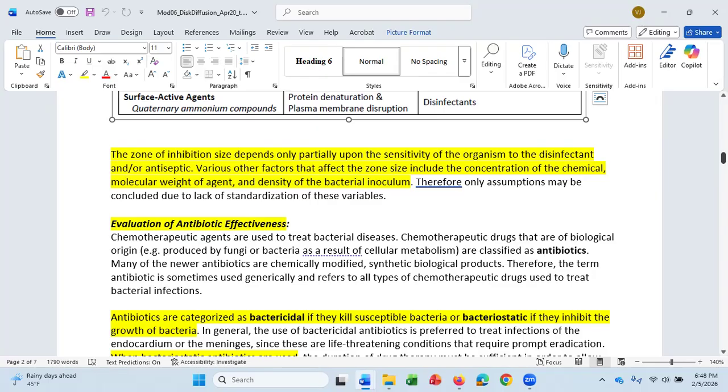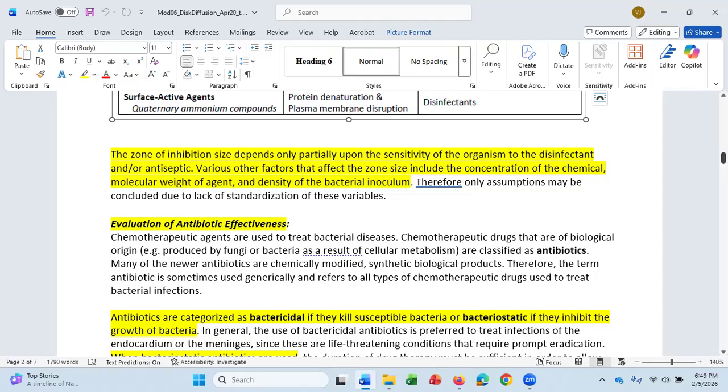And then the density of the bacterial inoculum: the more dense the bacterial inoculum, the smaller the zone of inhibition. Therefore, you have to control these various variables by standardizing them, or else you can't make a conclusion from the zone of inhibition. Any question about any of that?